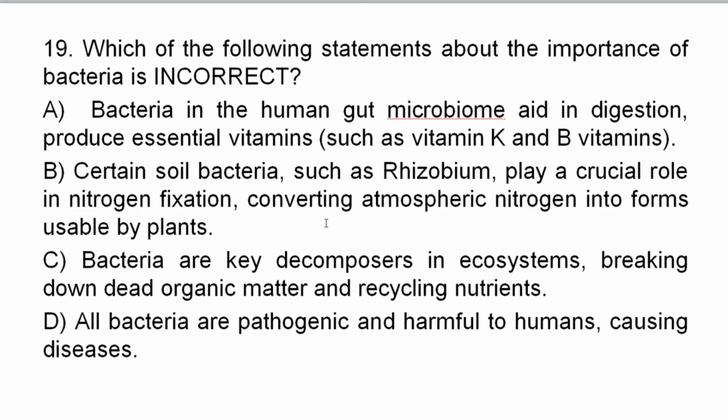C. Bacteria are key decomposers in ecosystems, breaking down dead organic matter and recycling nutrients. D. All bacteria are pathogenic and harmful to humans, causing diseases. Which of the following is incorrect from the given alternatives?